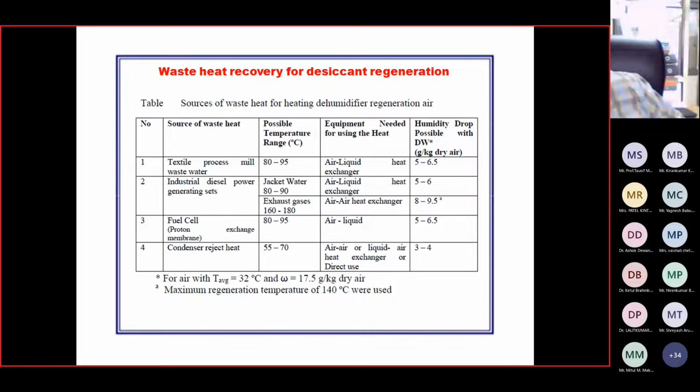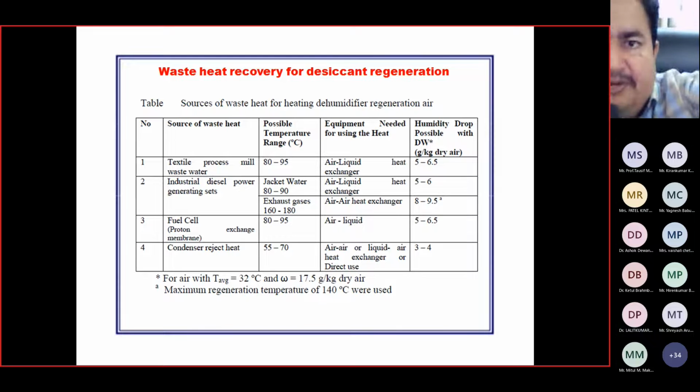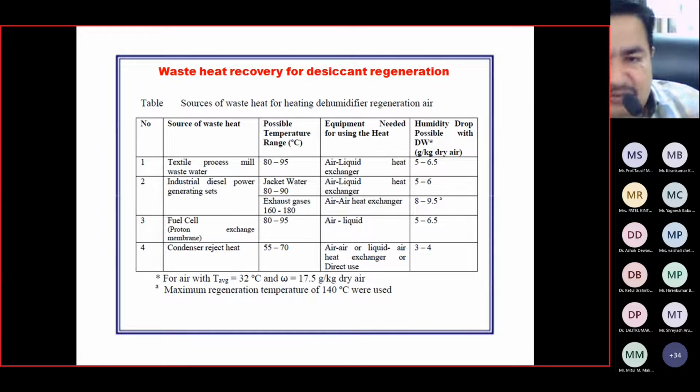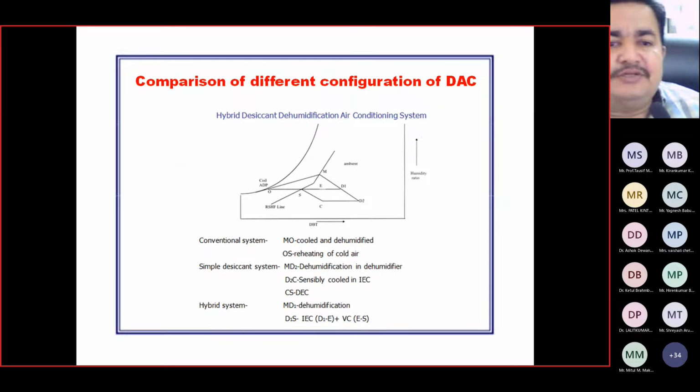Fuel cell technology and condenser reactivation heat will also provide some temperature. So you find different ranges of drop in humidity in gram per kg of dry air supply in the various applications. This gives you a comparison among the various kinds of systems on a common psychrometric scale, that is, conventional system, simple desiccant system, or a hybrid desiccant system.